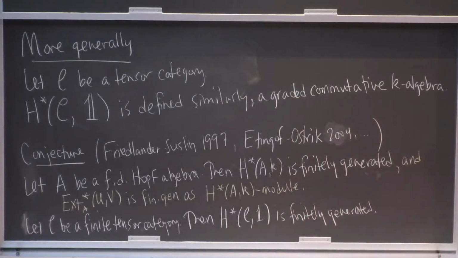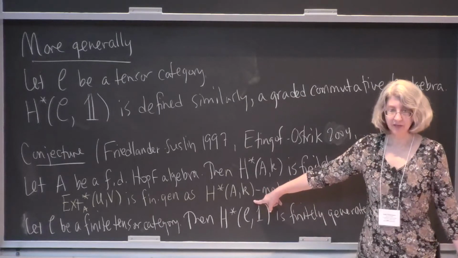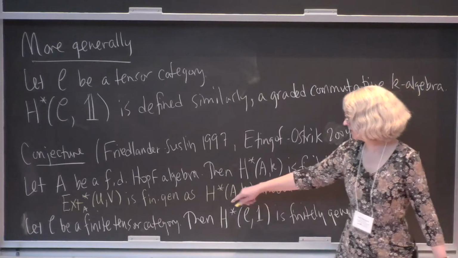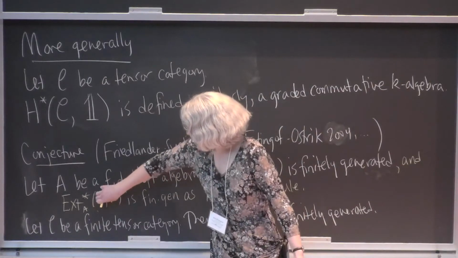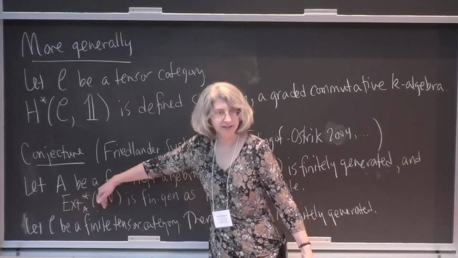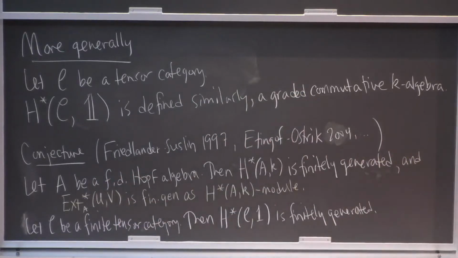What I wrote down doesn't tell you how this is going to be a module, but it is. One way to define it as a module is to recognize that this is the same as taking the dual of X, tensoring with the second factor, and putting the unit object, the trivial module, in the front. And then you can form a Yoneda splice. So that's one way to do it.